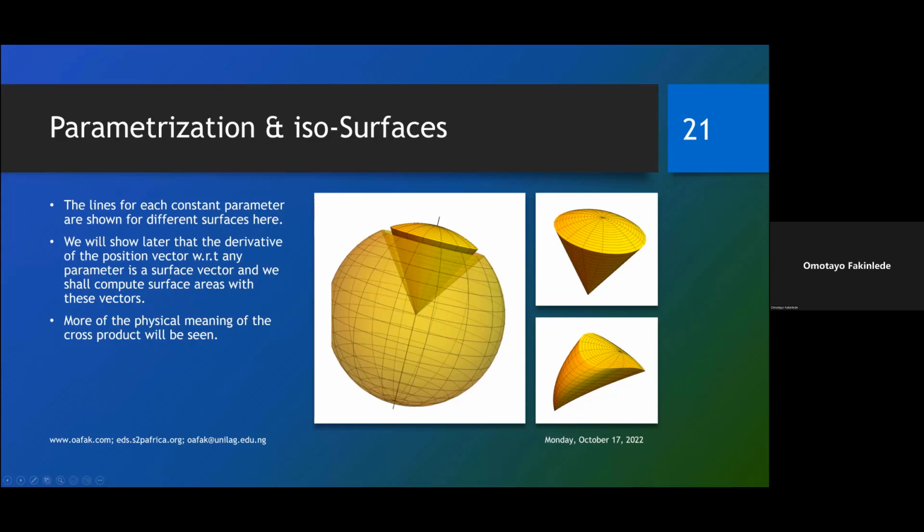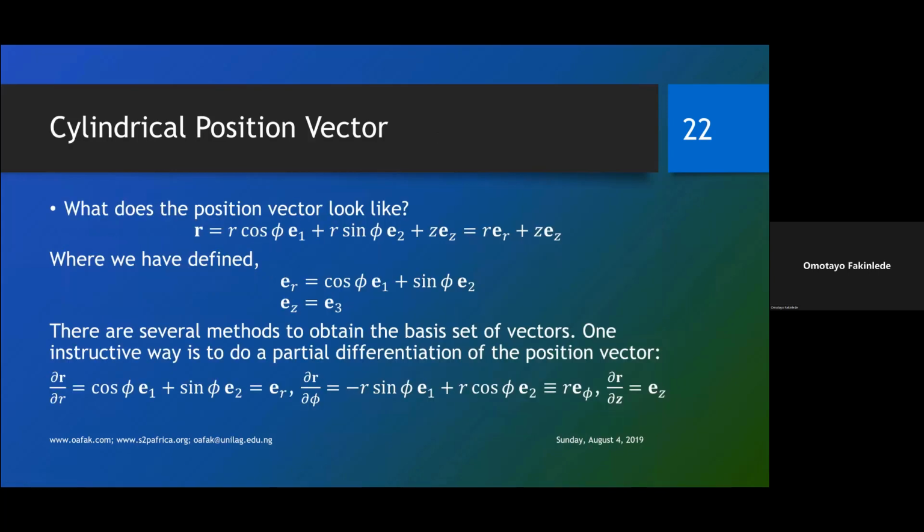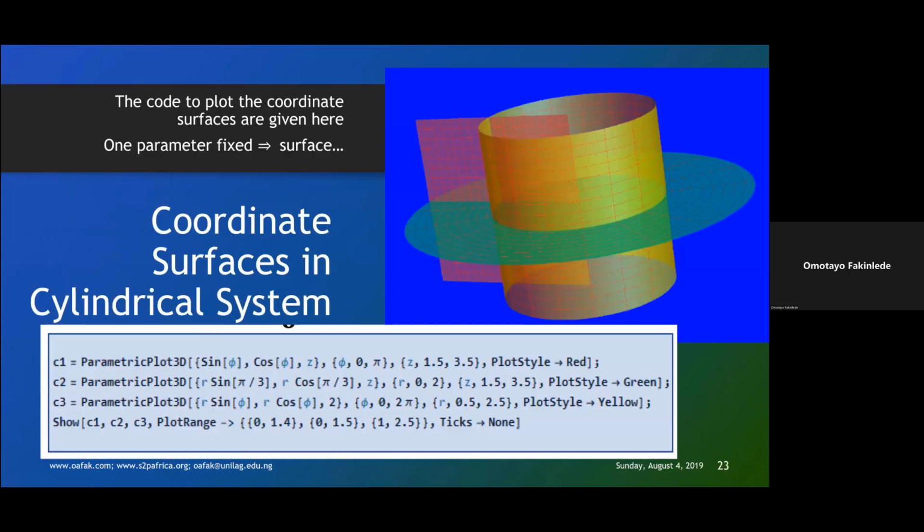This page 22 is a repetition of what we have gone over and over, how we move from Cartesian to cylindrical to spherical. And here are the isosurfaces in the cylindrical polar coordinates.